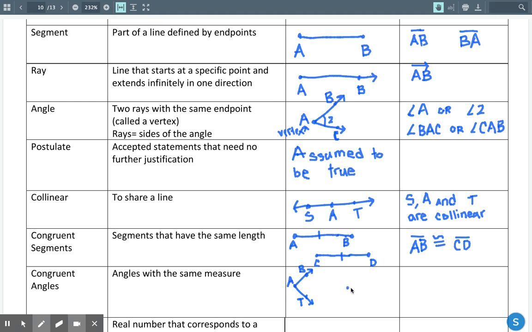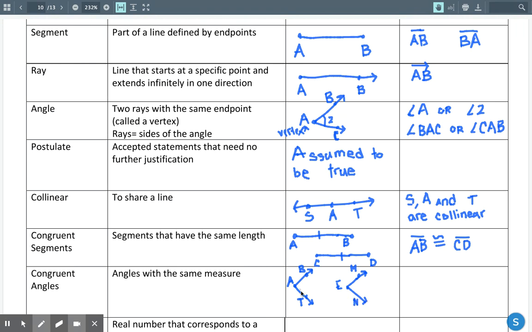And I'm going to draw another angle. And let's label this M, E, N. Come on now, there we go.